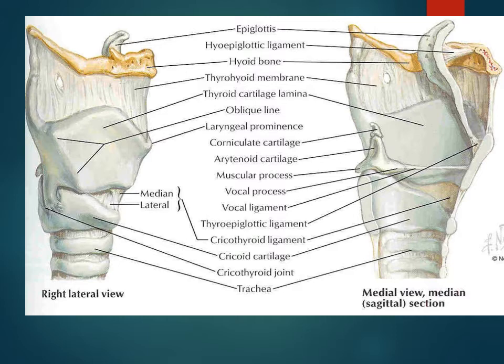From a lateral view, this epiglottis has two attachments. One through the hyoepiglottic ligament to the hyoid bone, and this is the attachment to the thyroid by a ligament, which is the thyroepiglottic ligament, and in front of it, this is the preepiglottic space.